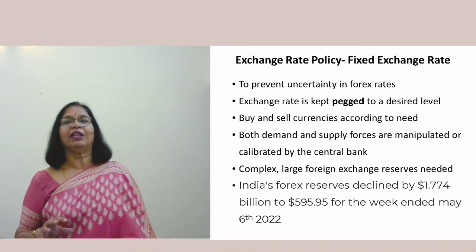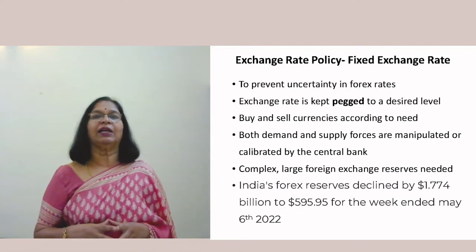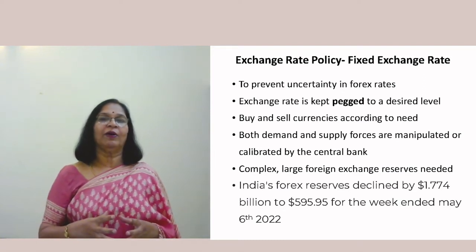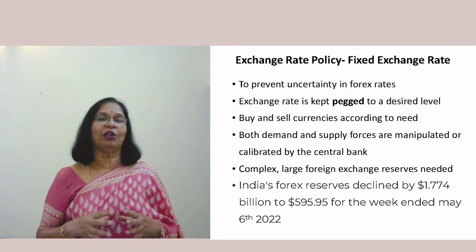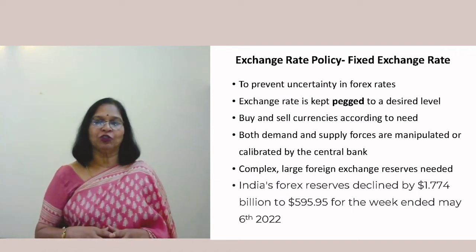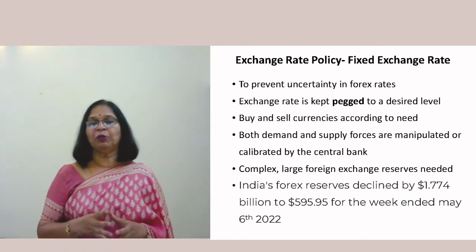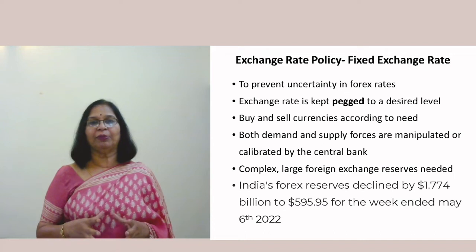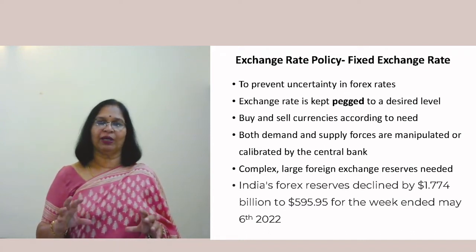Similarly, when there is too much of the currency in the market, then the government may use its reserve and purchase the extra currency from the market so that the rupee value does not fall below that. So both the demand forces and the supply forces are manipulated by the government or calibrated by the central bank to maintain the exchange rate between two currencies.